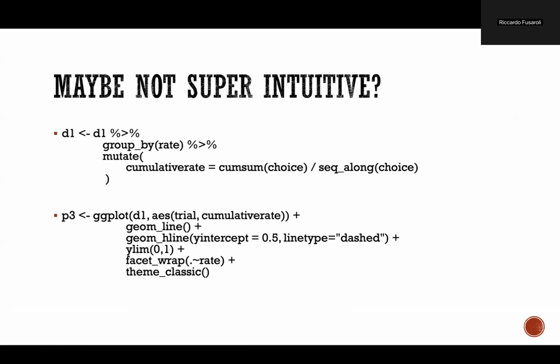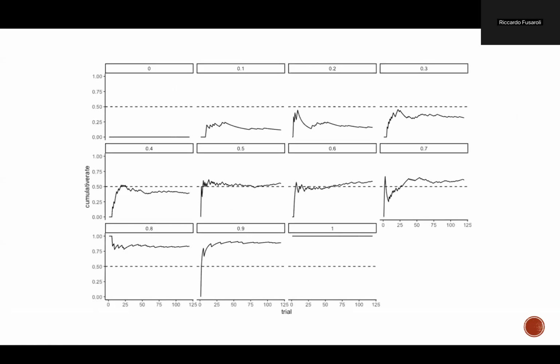We put limits at 0 and 1 because it wasn't looking pretty, and then we separate the plot by rate. We visualize. Is this more informative? Tiny bit. I think it gives us a much better picture of what's going on. It's more precise. Can we do it better?